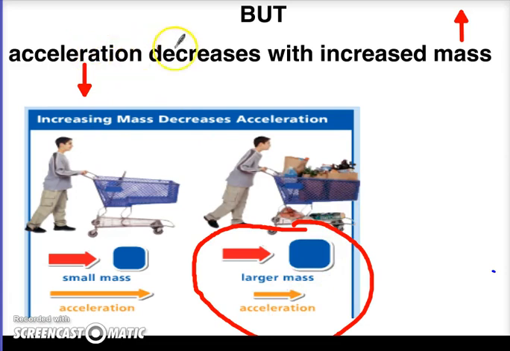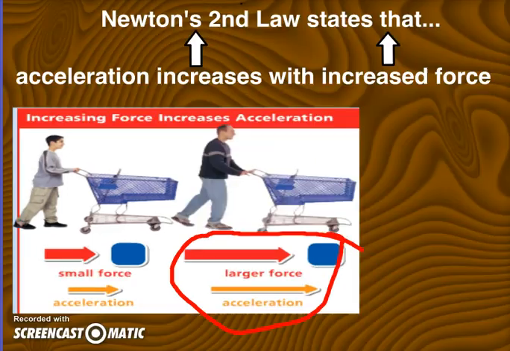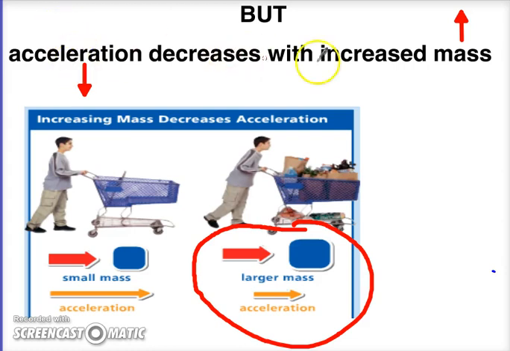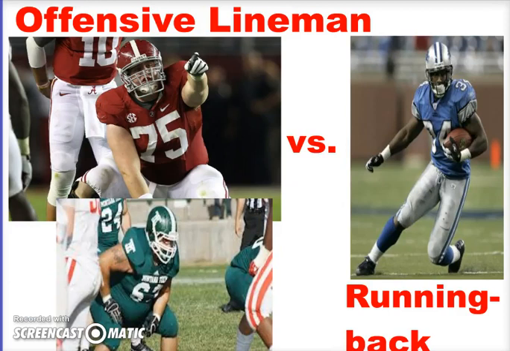Newton said that acceleration decreases with increased mass. So once again, Newton's second law states that acceleration increases with increased force, but acceleration decreases with increased mass. This is why, on a football team, the bigger guys are usually on the line and not the running backs, because the bigger guys usually just go slower than the guys that are not as big.